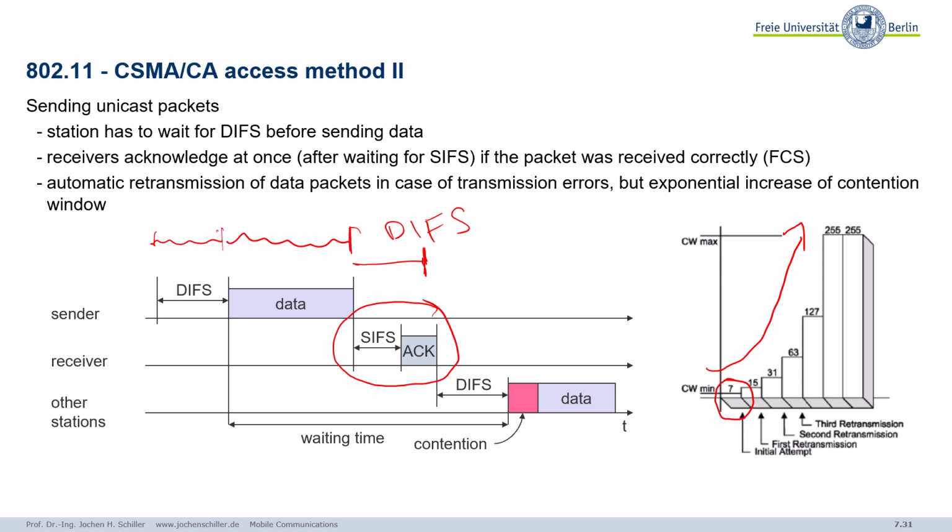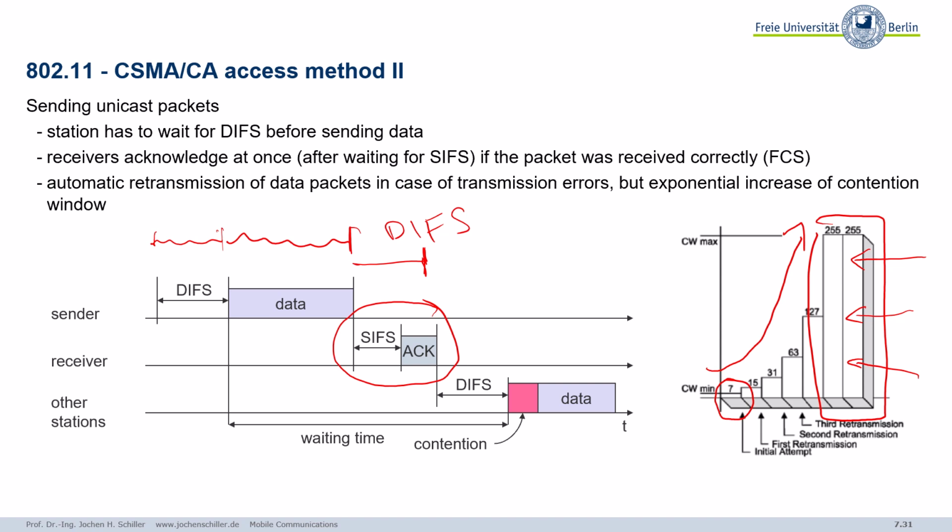So you see how the window increases the more often you have to retransmit data. What is the effect? Well, you spread your random numbers because if you have experienced several retransmissions for a certain packet, you really spread the random values. So all the stations that experience a retransmission have to double their window up to a certain limit.